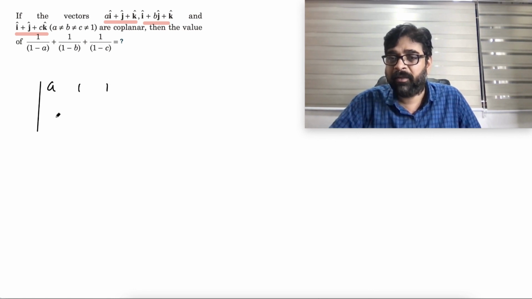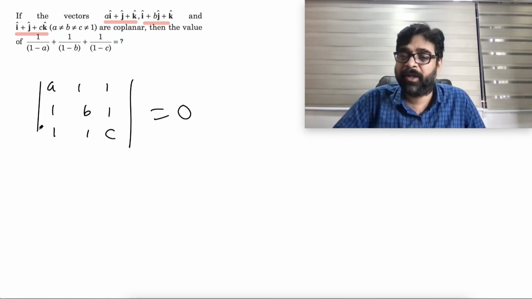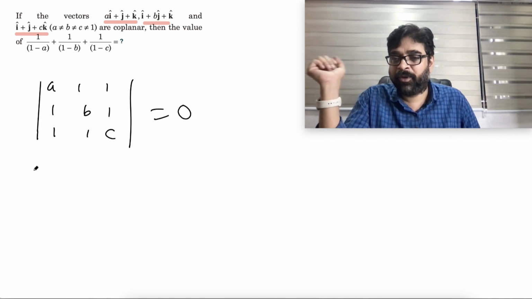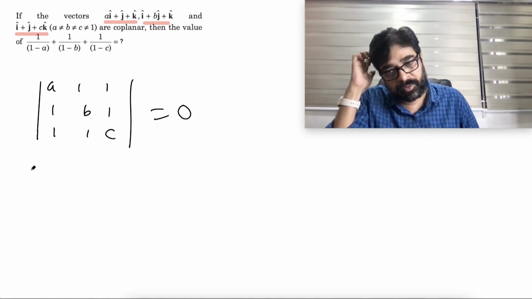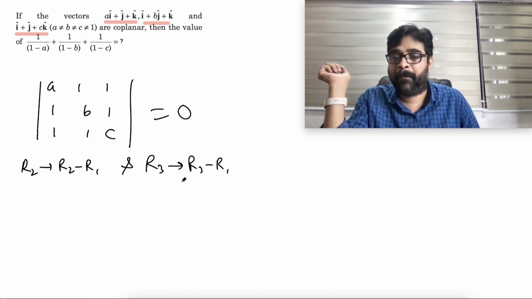Means the determinant of their coefficients will be 0. Means A, 1, 1; 1, B, 1; 1, 1, C will be 0. And now just the determinant operation you have to do. R2 I am replacing by R2 minus R1 and R3 I am replacing by R3 minus R1.